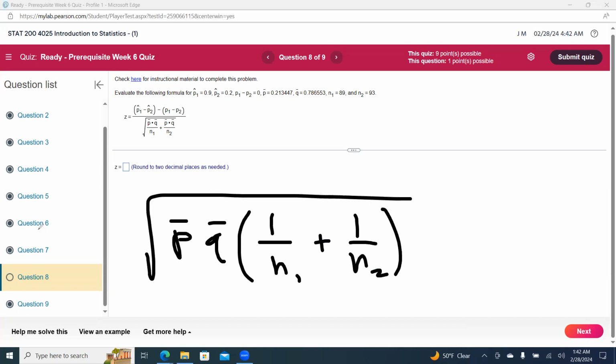So divided by the square root of p bar, which is 0.213447 times q bar, and they should add to be 1, 0.786553, times 1 over n1 plus 1 over n2, 1 divided by 89, plus 1 divided by 93.